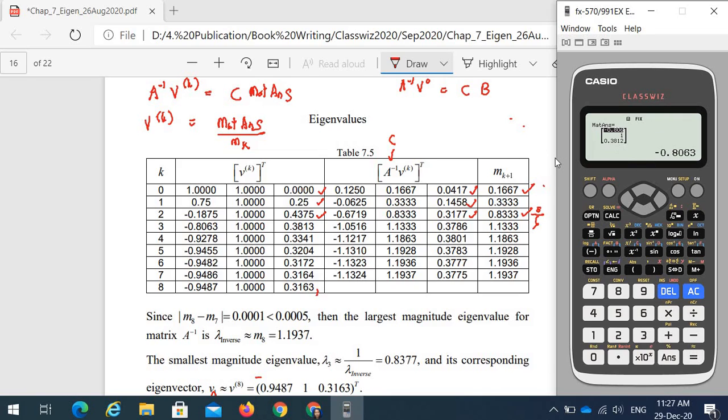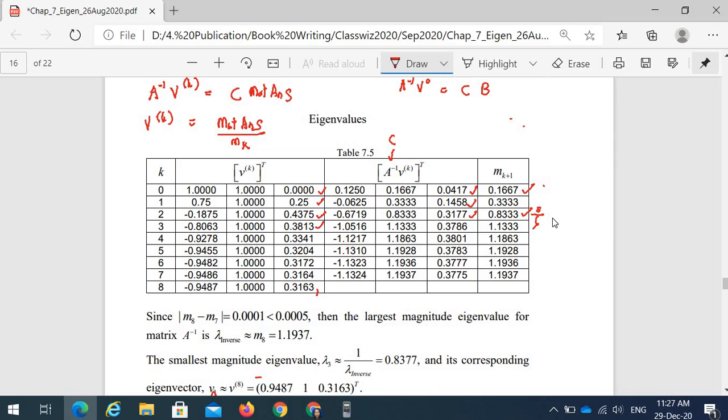So you get 8063, 3813. So that's why just now the answer seemed to have rounding error, because of the M(k+1) here. If you use fractions or you use floating point, you introduce the rounding error.